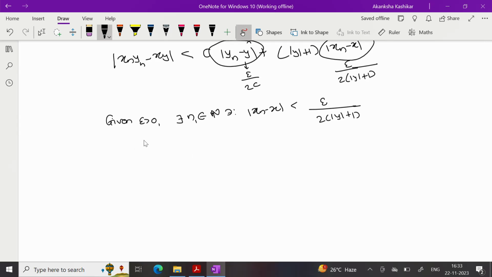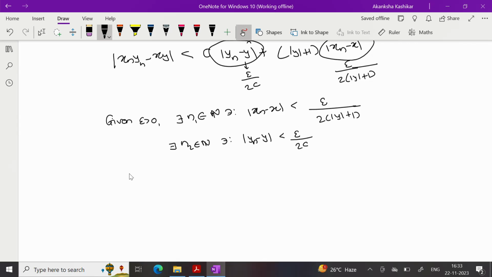Okay, then with the same epsilon there exists n2 in n such that mod yn minus y can be made less than epsilon upon 2c. Why did we choose this specific form? Because of the background calculation over here.